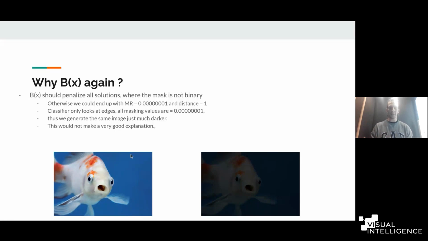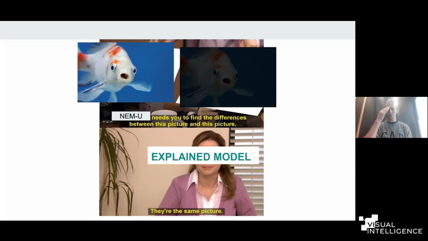That's an issue because the model would see these two images as the same thing, but our masking ratio would still be very high, and the final explanation would just be that everything is important. To say it more simply: when the NEM-U system gives us the non-darkened and the darkened image, we give them to the explained model. They say they're the same picture, but we have also very heavily masked the entire picture.